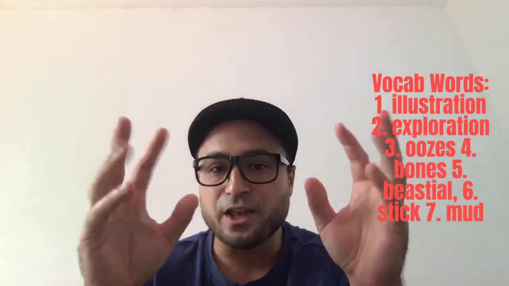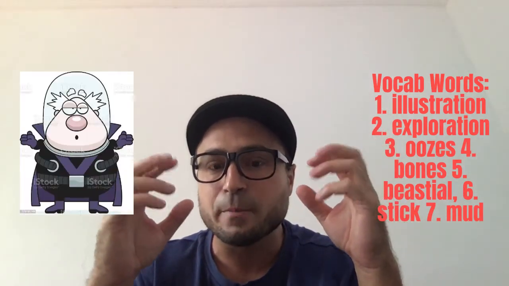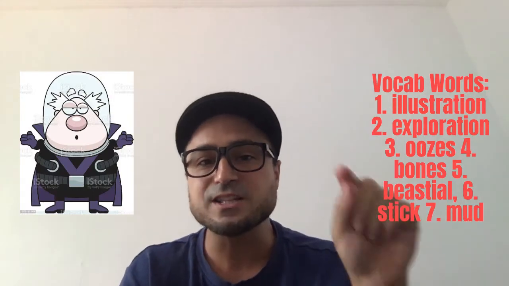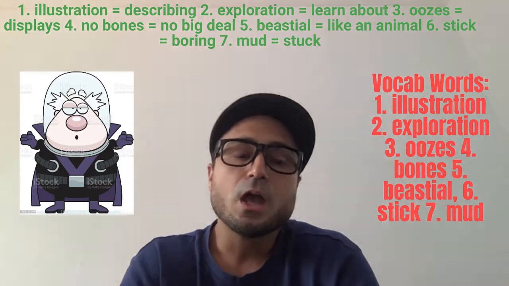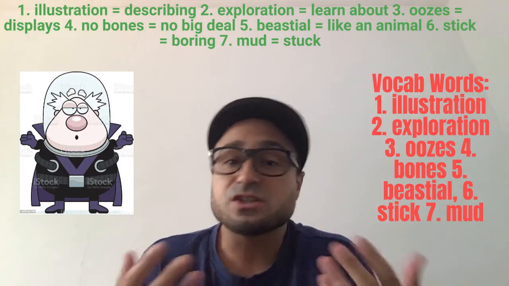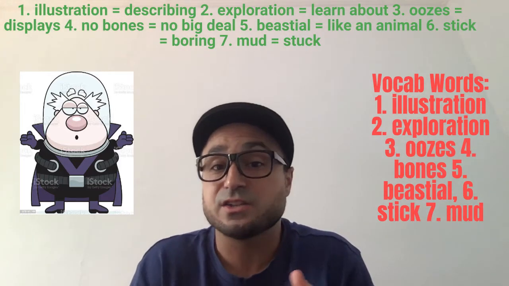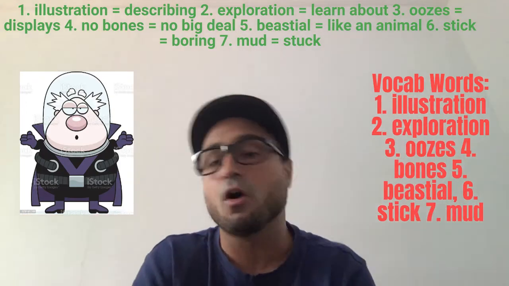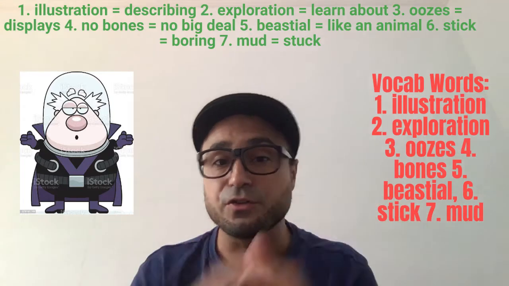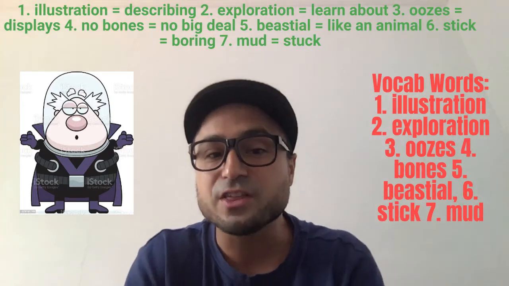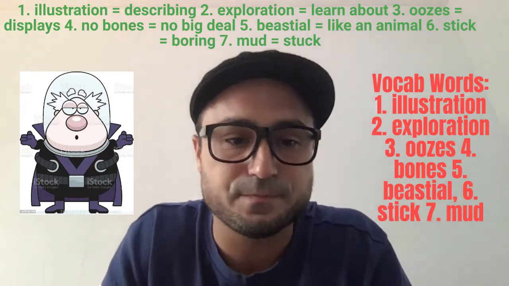Now, let's do an example so you'll get what I'm talking about if you haven't gotten it already. So, here's the image of this evil man. Okay, let's give an illustration of this man. We could say he's an exploration into all that is wrong with men. He oozes filth and garbage in everything he says and does.